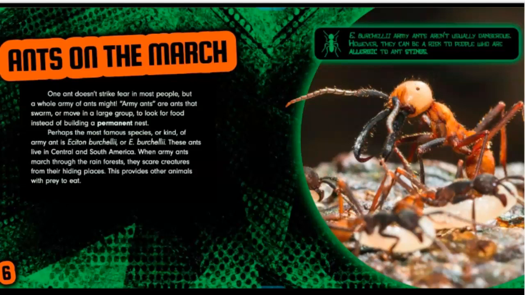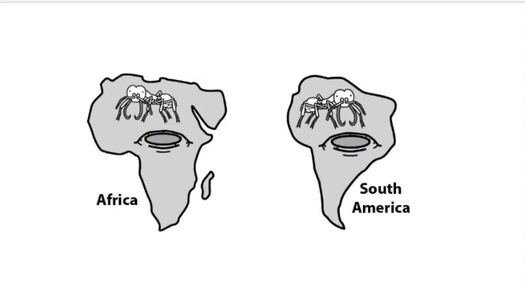These ants live in Central and South America. When army ants march through the rainforest, they scare creatures from their hiding places. This provides other animals with prey to eat. Army ants are most often found in Africa and South America.